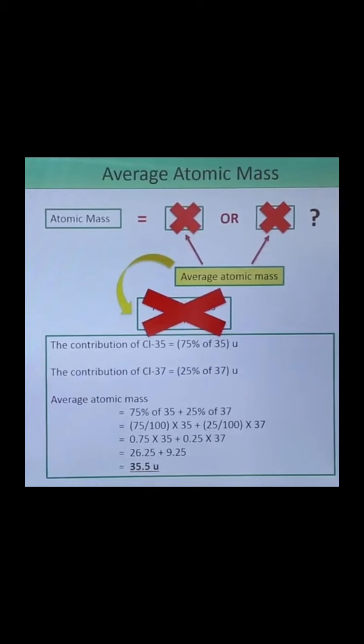So, average atomic mass is equal to 75 by 100 into 35 plus 25 by 100 into 37. You will get the answer as 35.5 U, which is the average atomic mass of chlorine.